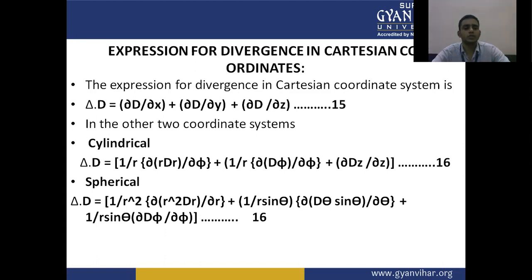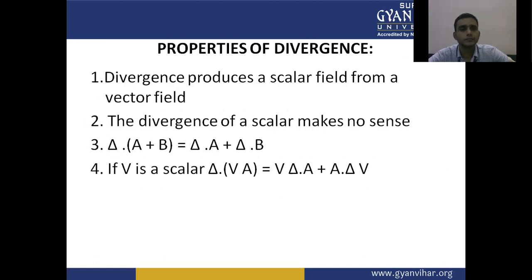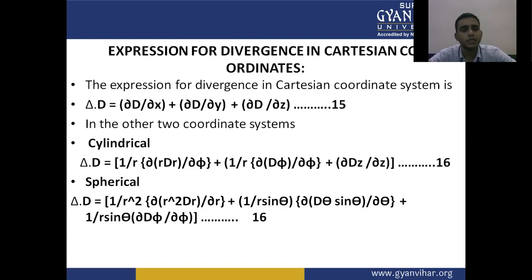Equation number 16 shows the spherical coordinate system for divergence. So this is the interpretation of divergence in the coordinate systems.